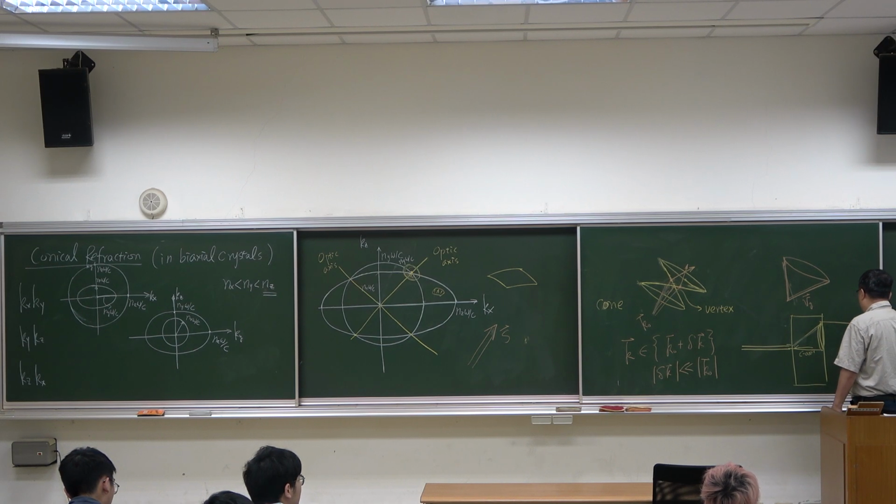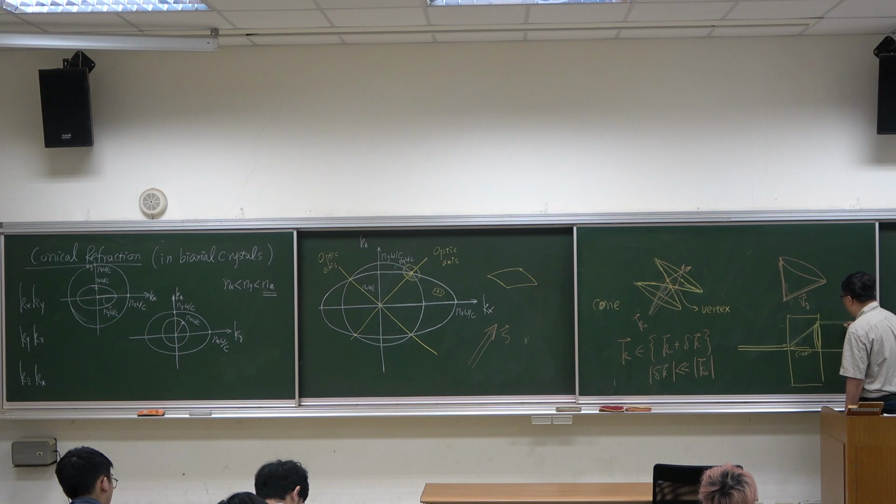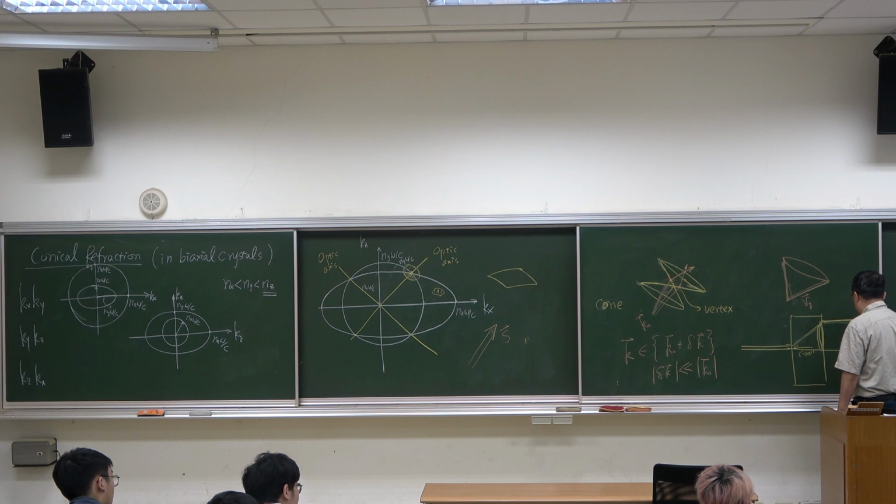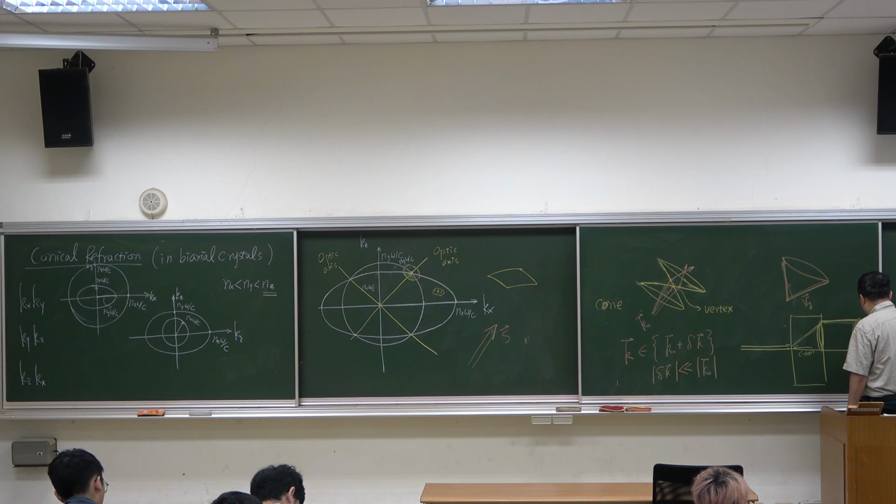Okay, and when this cone of light penetrates through the second interface and is projected on a wall or screen, we get a ring.